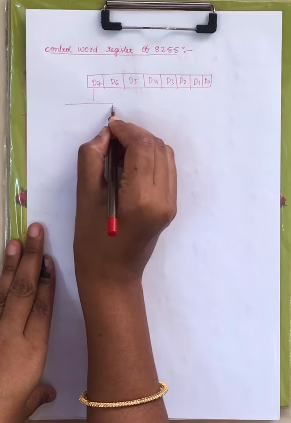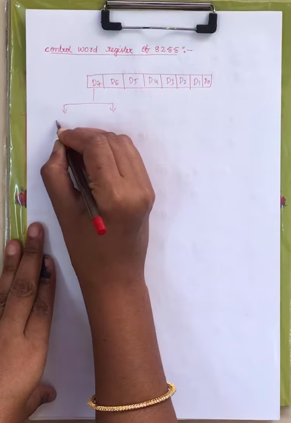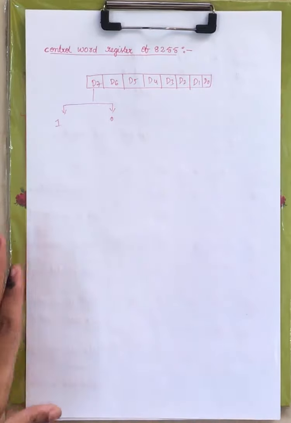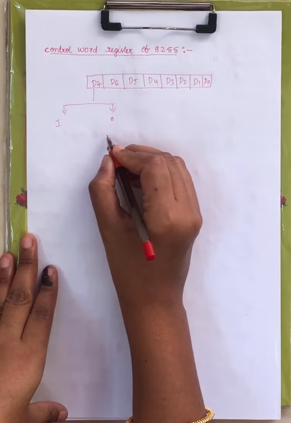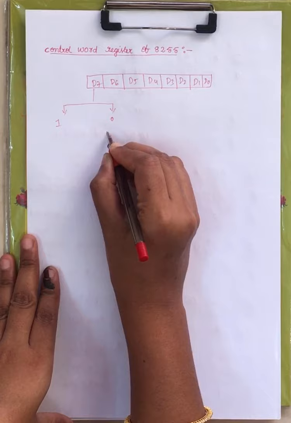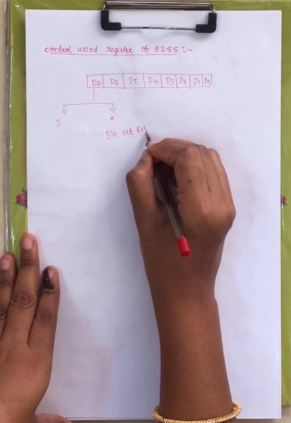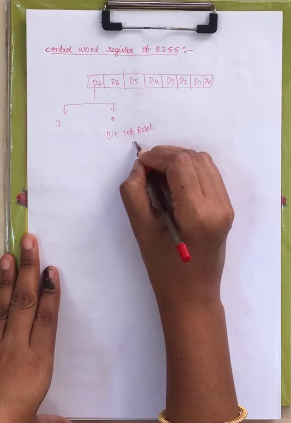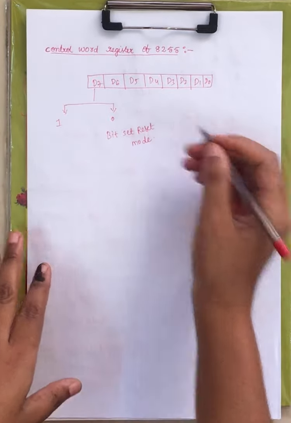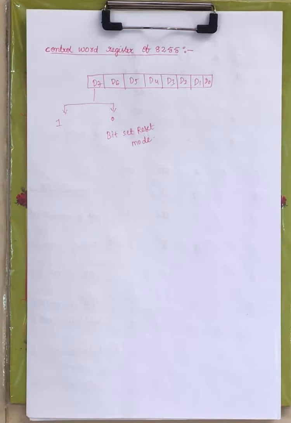D7 may be either logic 0 or logic 1. When it is logic 0, it is under bit set or reset mode. When D7 is equal to 0, that indicates 8255 is operating under BSR mode.